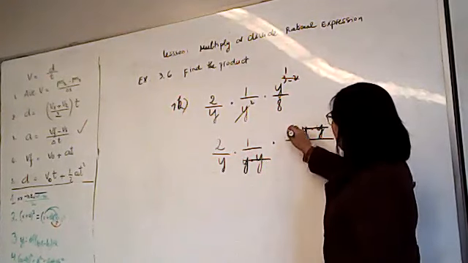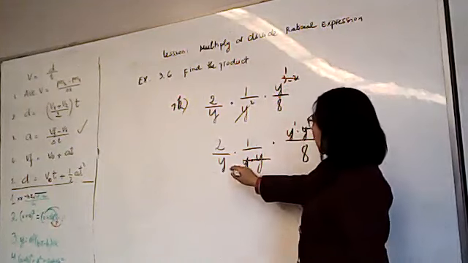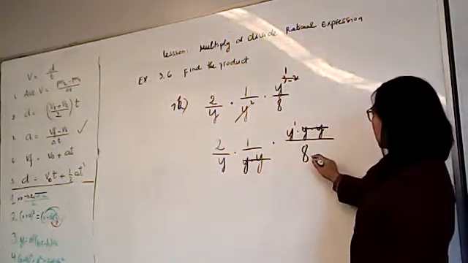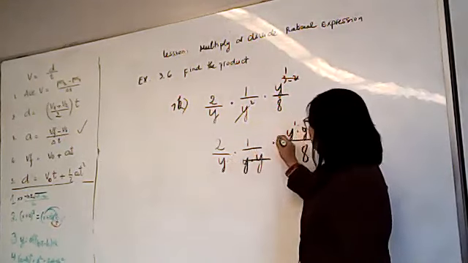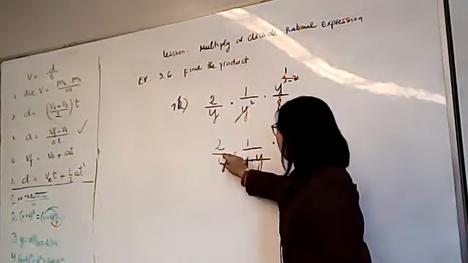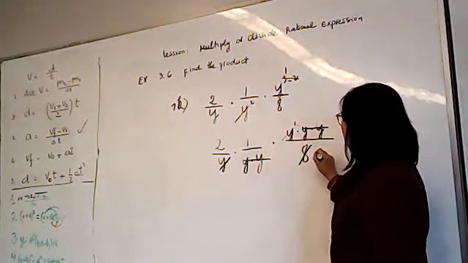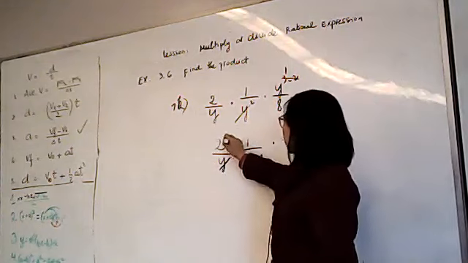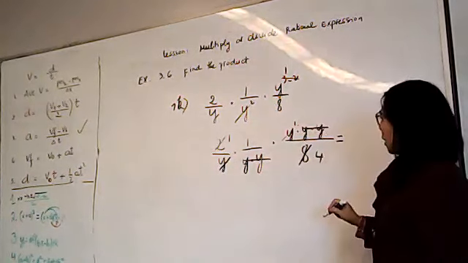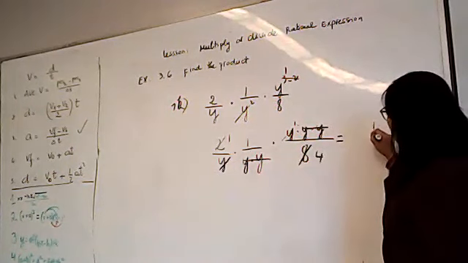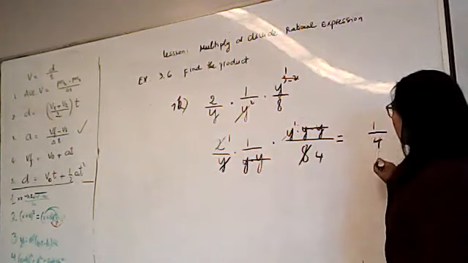So you left this one y like that, and the y down here. So that y up on top also can cancel with the y at the bottom. And the a can cancel with the 2. This becomes 4, and this becomes 1. So what do you left over? 1 on top, 4 at the bottom. That's all.